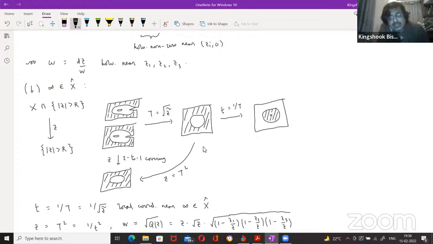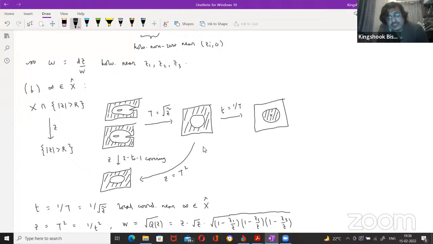Now I've mapped it 1-to-1 onto the complement of a disk. So this is my map ξ equal to square root of z, and then I take a new variable t equal to 1 over ξ. So then that will map the complement of this disk inside a disk minus a point. And so if I add in the point at infinity, that will map to the origin.